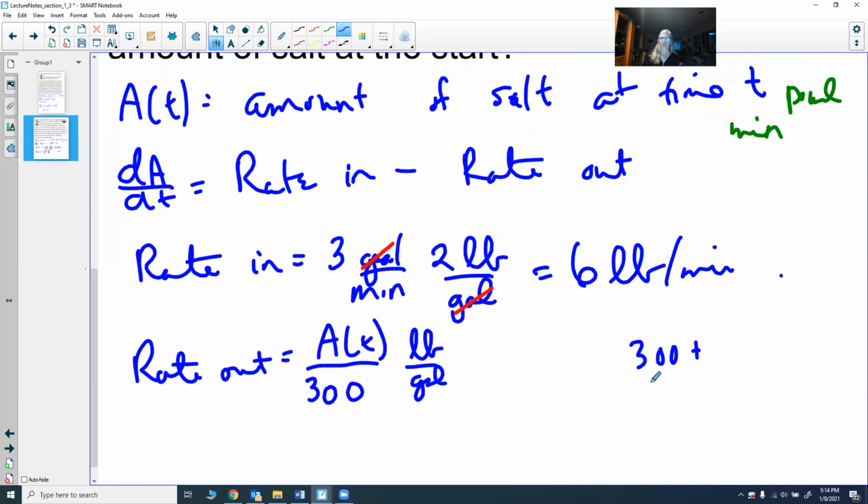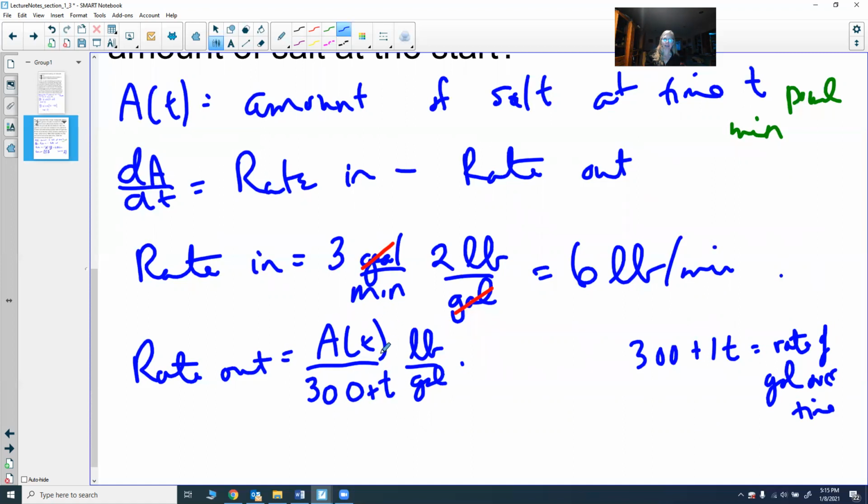So we started with 300 gallons, but we're going to add 1 gallon for every minute, so 1 T. So that would be the rate of the gallons over time. So it's not 300 here, because it actually is changing by this, 300 plus 1 T.